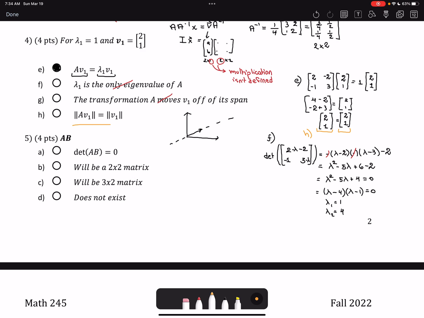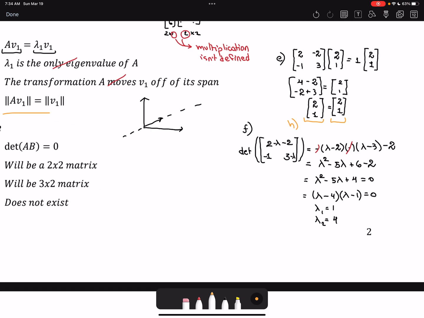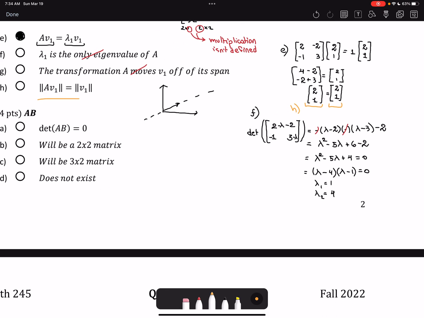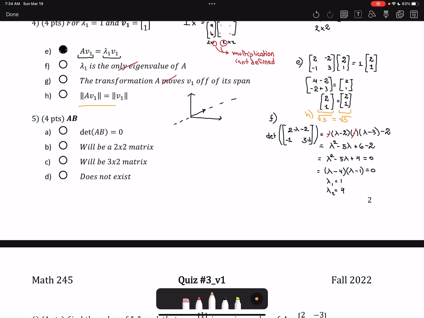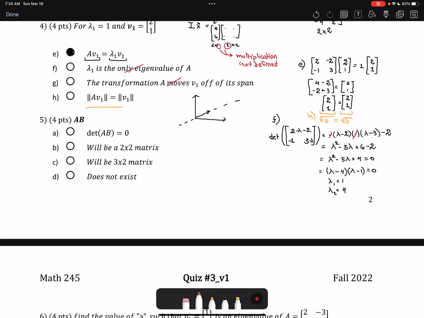I'm not sure. However, these are particular matrices. These are vector matrices. So we can take the square root of the square of 2 and 1, which is going to be root 5. And this is also going to be root 5. And those indeed are the same. So we can say that this one does apply.